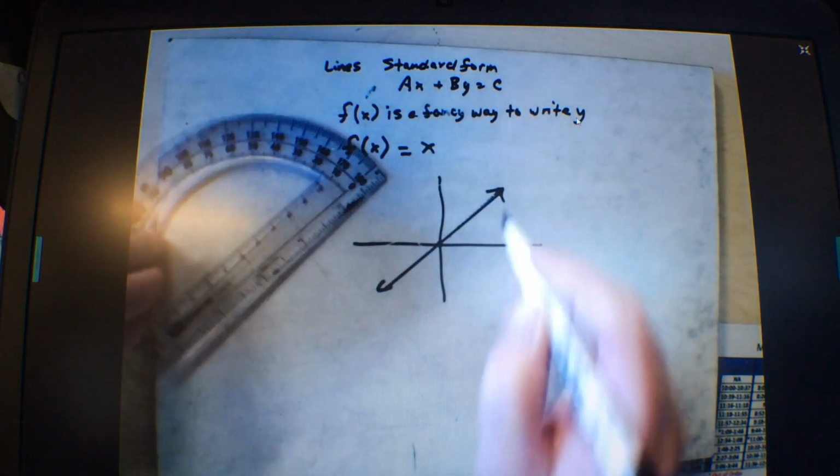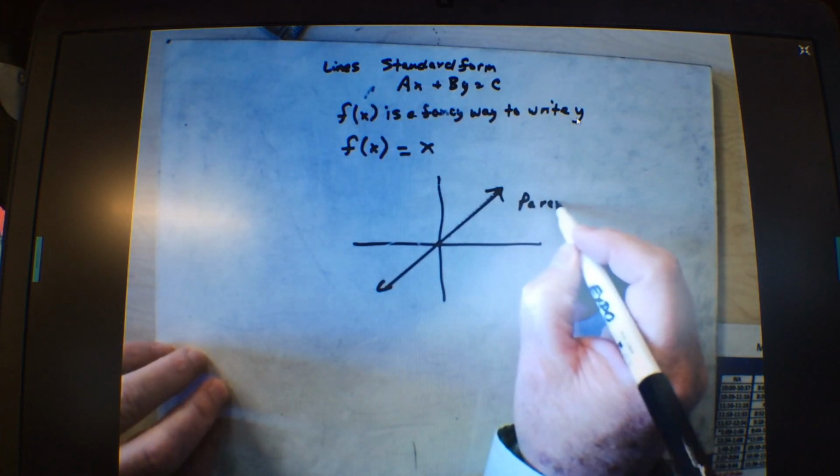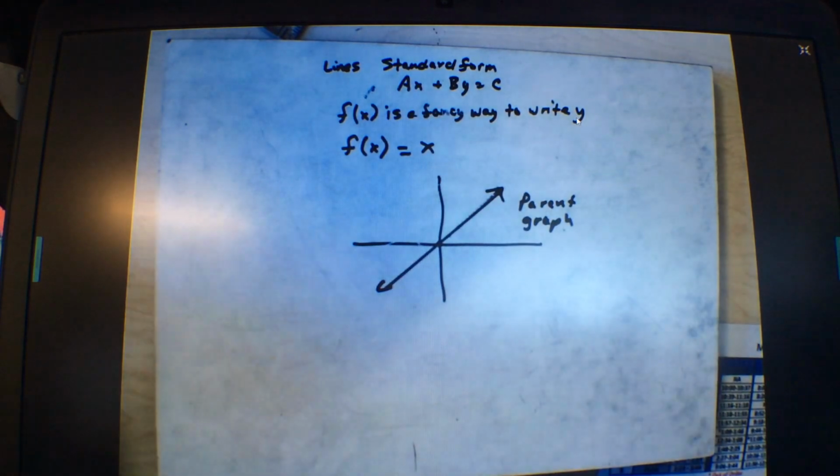This line is what we call a parent graph. All other lines are going to be based on this, we're going to move it. So all other lines are going to look like this.